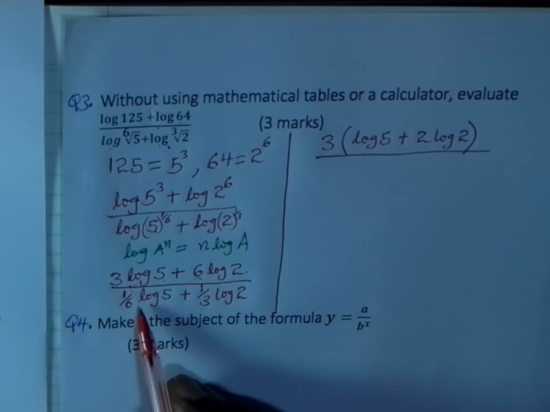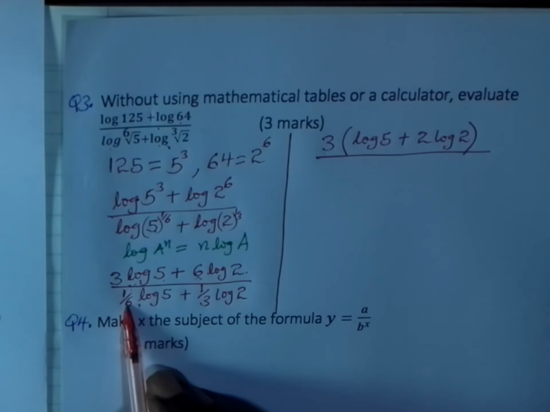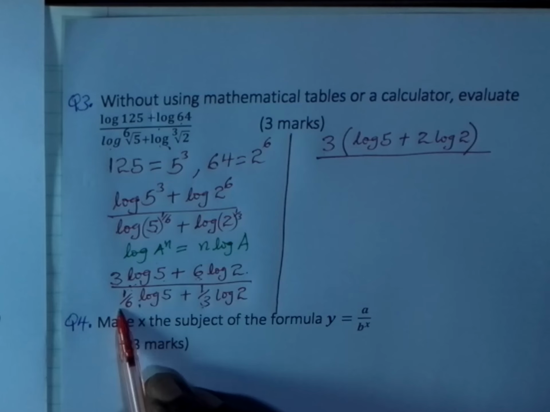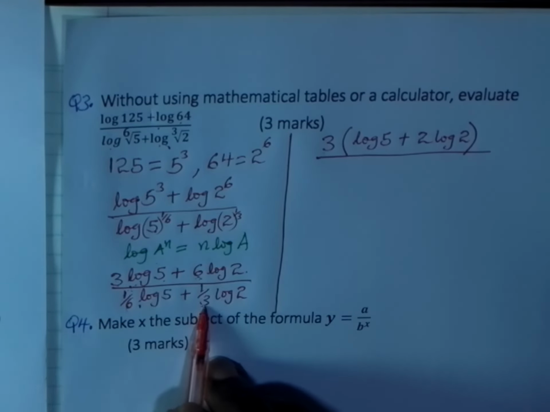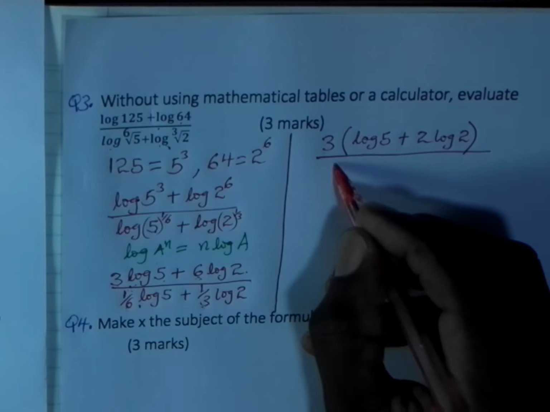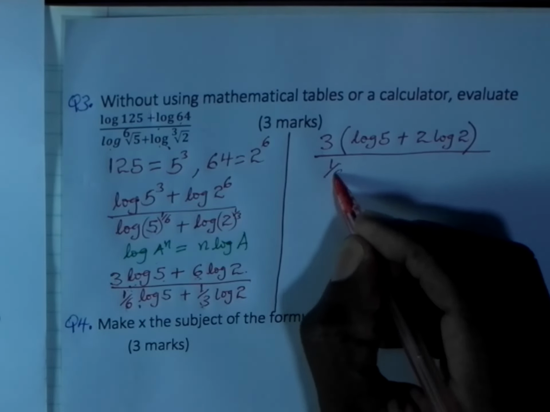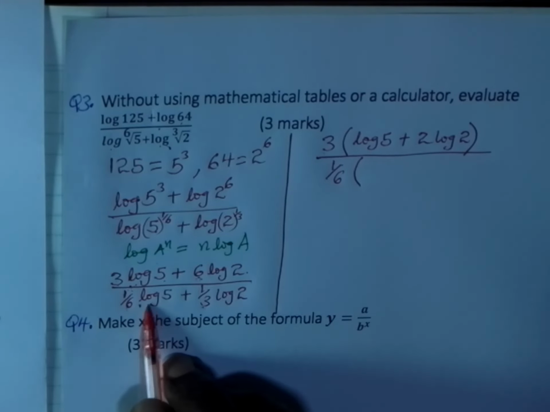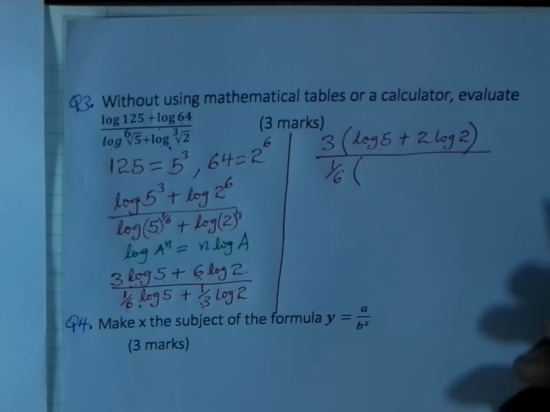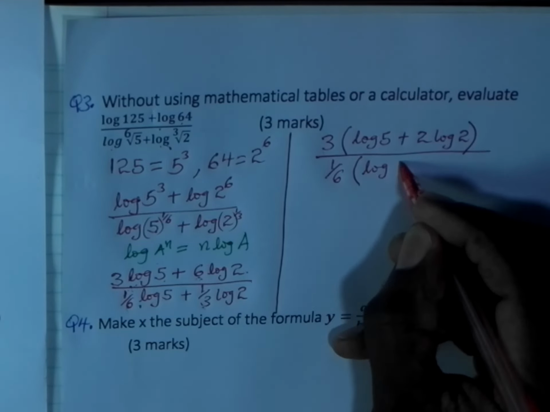All over. The denominator, we have a sixth and a third. So a sixth is common to both. Since a sixth is smaller than a third, a sixth will be the common factor. So a sixth, open the bracket. A sixth log of 5 divided by a sixth, we get log 5.